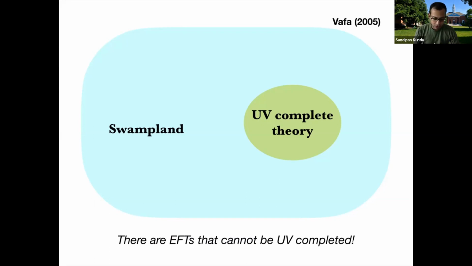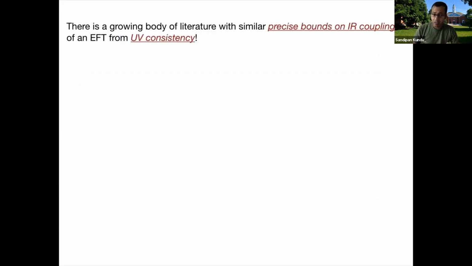Obviously this idea originated from string theory, but there is much compelling evidence in favor of this idea directly from quantum field theory. So there is a growing body of literature with similar precise bounds on IR couplings from UV consistency.